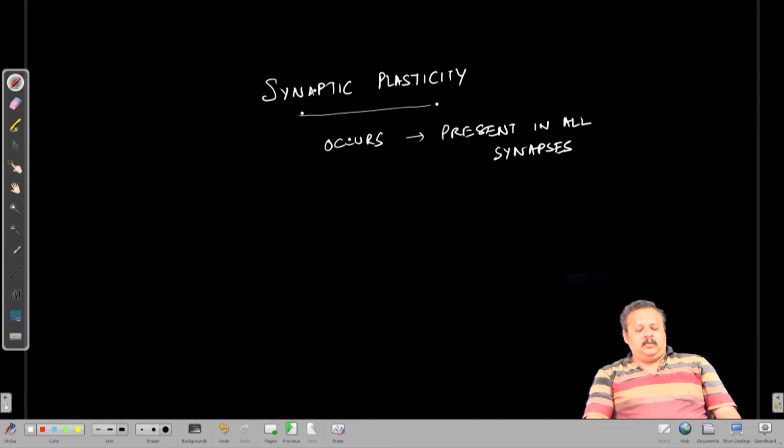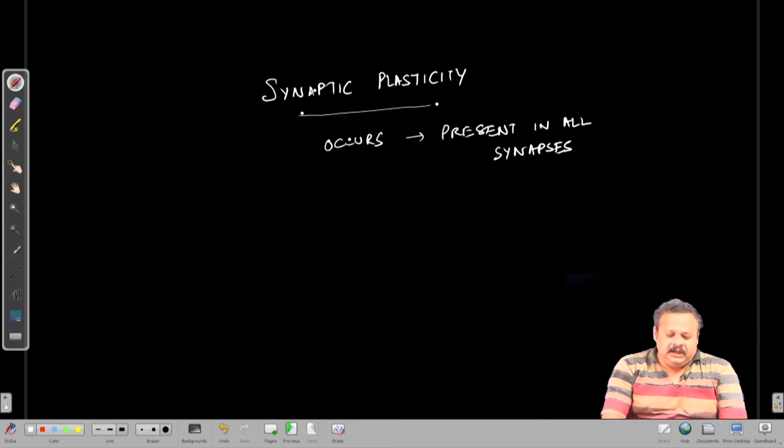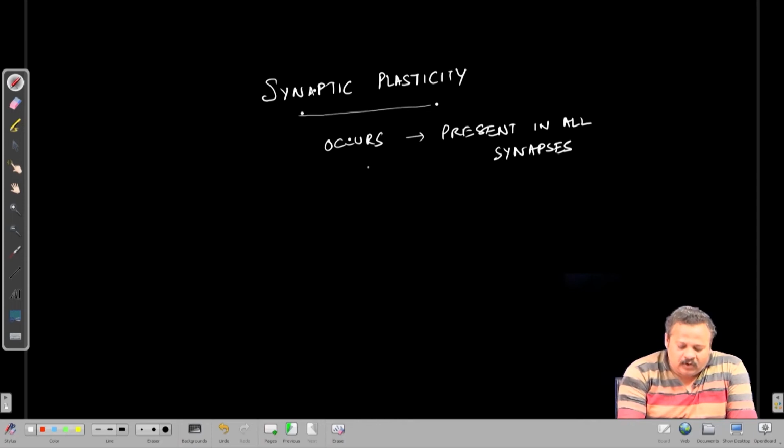And we usually classify this synaptic plasticity in really two forms, that is short term plasticity and long term.